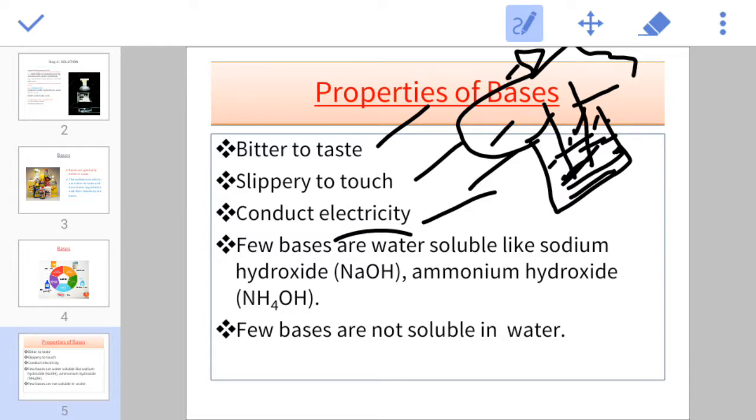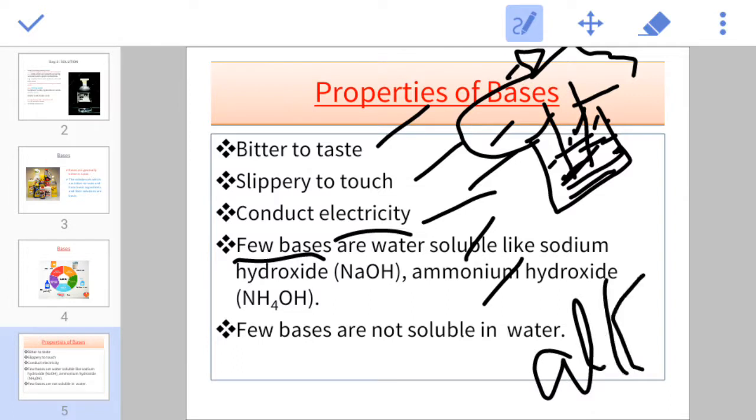Few bases, the bases which are soluble in water, not all the bases, are called alkalis. The examples are sodium hydroxide, ammonium hydroxide.